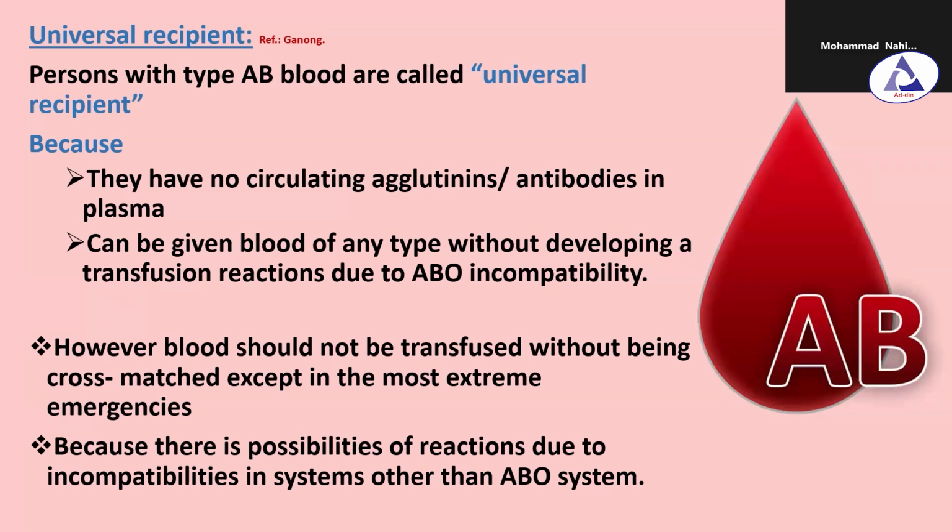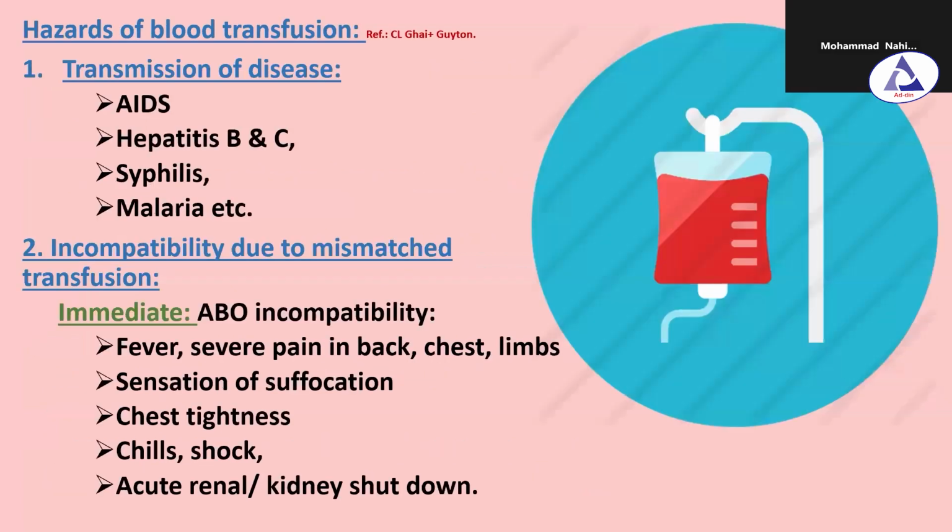As we have mentioned earlier, there are some minor blood group systems which can create havoc in case of blood transfusion. What are the hazards of blood transfusion? The number one hazard: there is a possibility of transmission of disease. The diseases which are blood-borne like AIDS, hepatitis B and C, syphilis, malaria, etc. can be transmitted through blood.